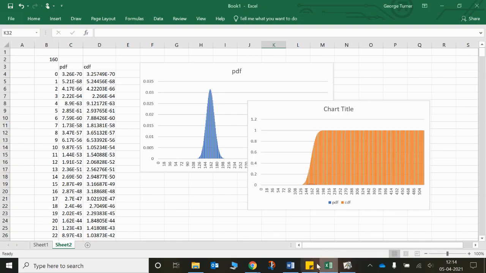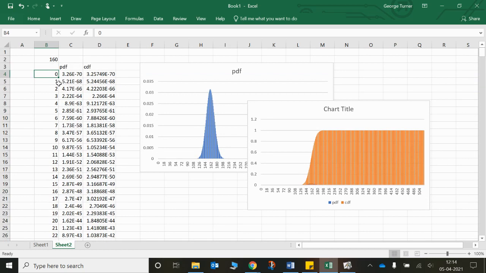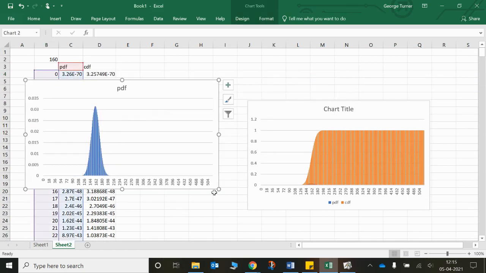On Excel, I came up with a quick PDF and CDF for a Poisson distribution. I came up with numbers from 0 up to 500 and something, and then I just stopped. When I get to 500, probabilities become extremely small.